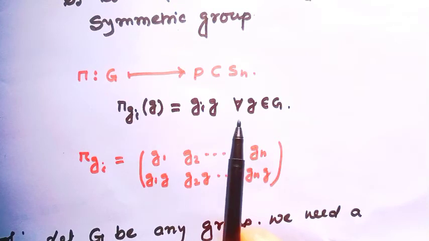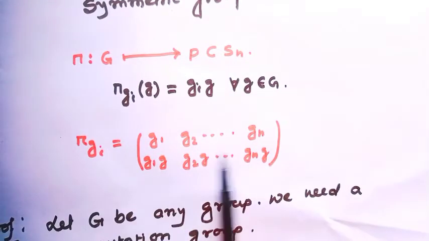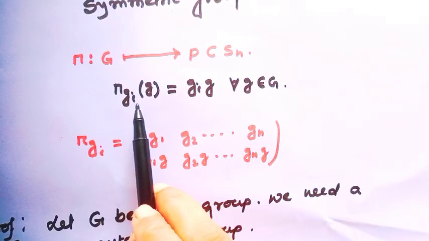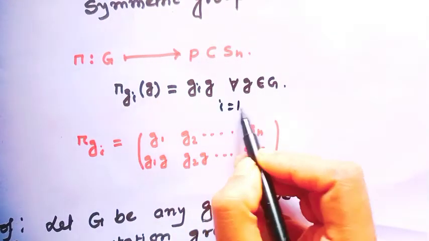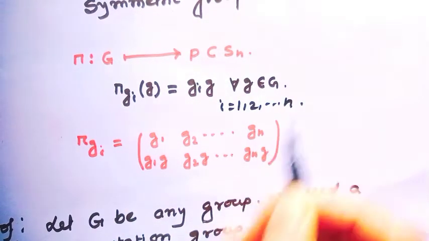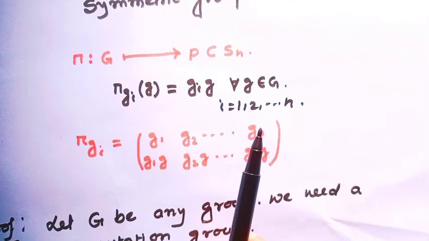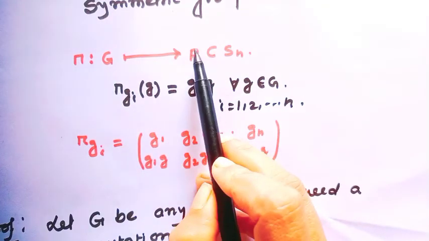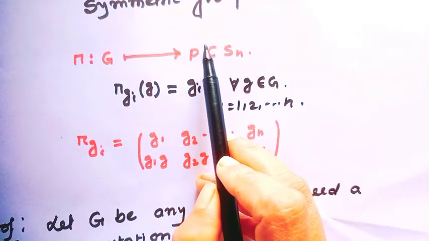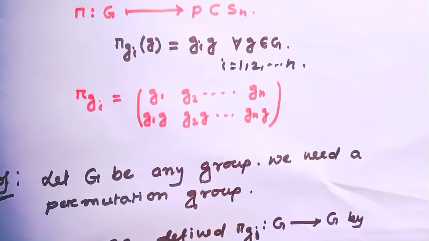Are you getting? Just think, here i means 1, 2 up to n, and you will get some element which belongs to this permuted group. Okay? Let's see the proof.